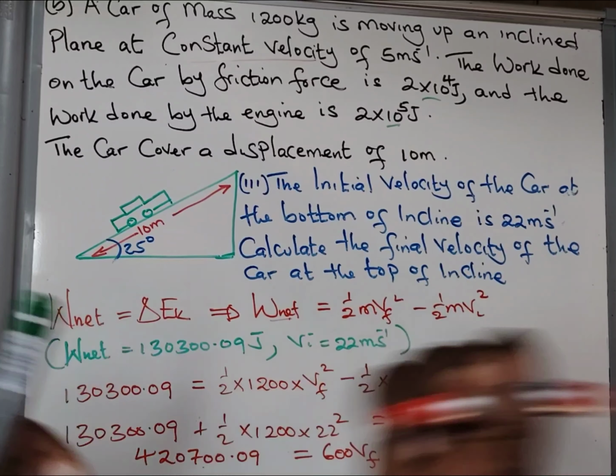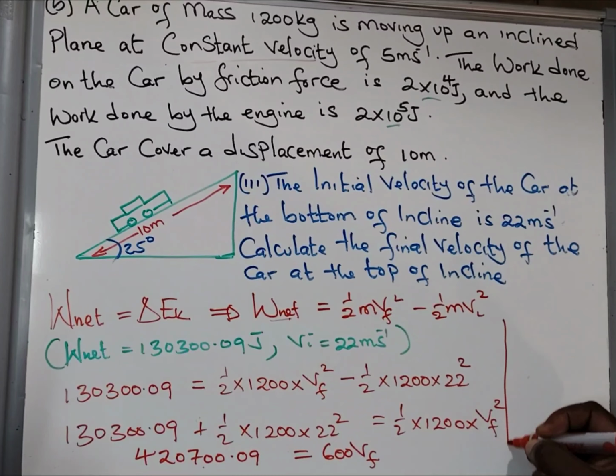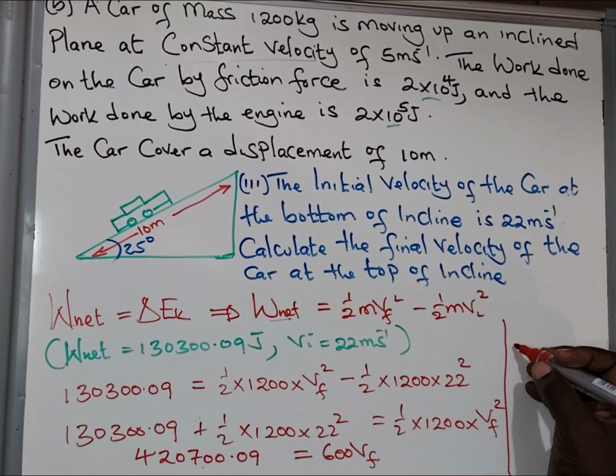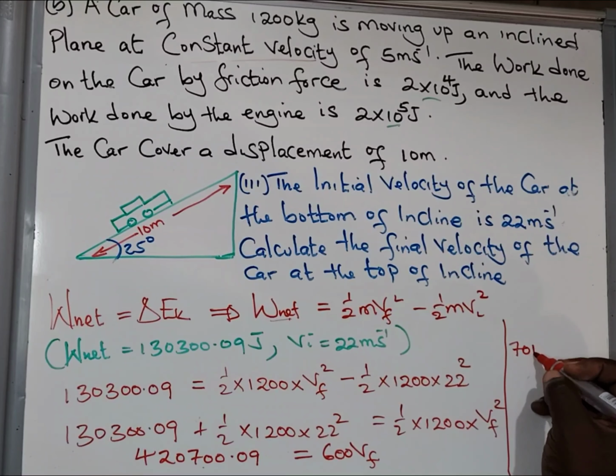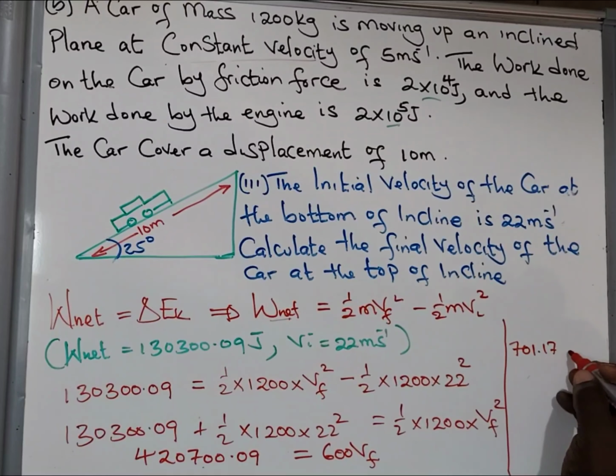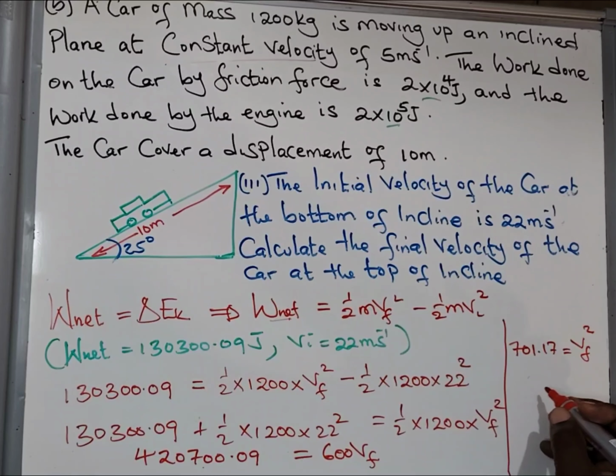Then from here we can say that 701.17 is equal to vf squared.